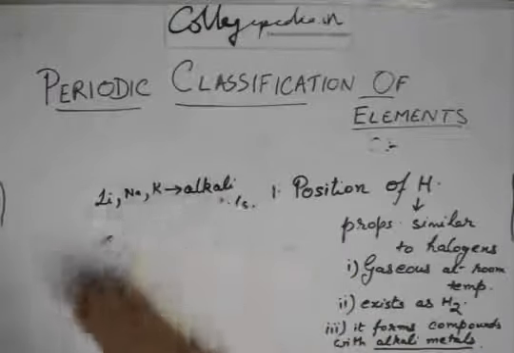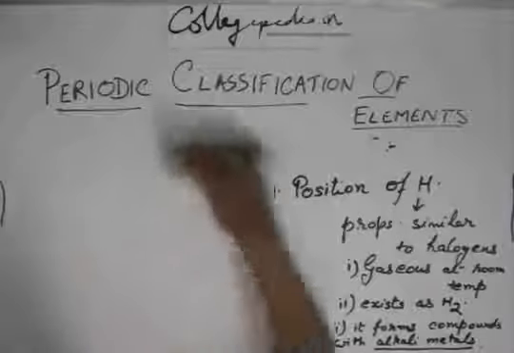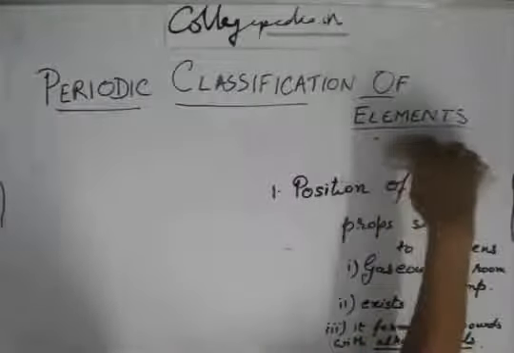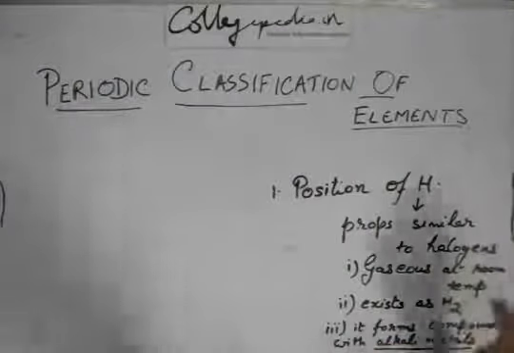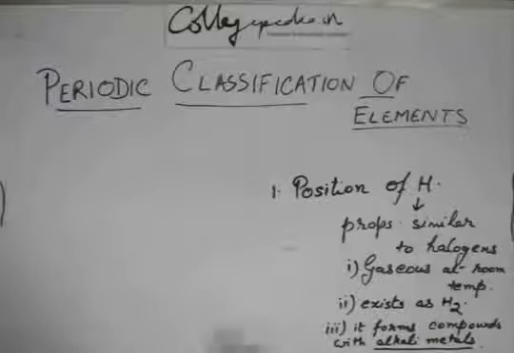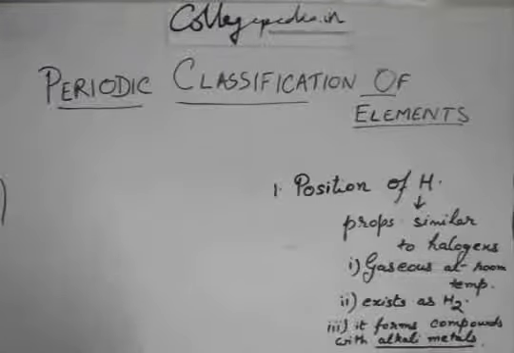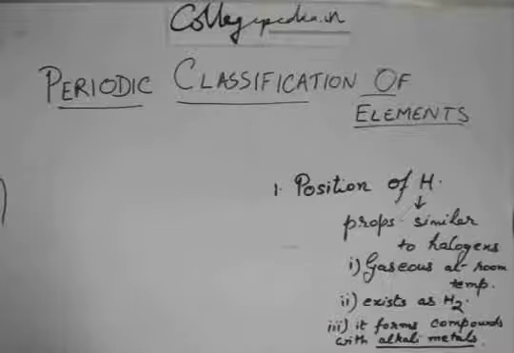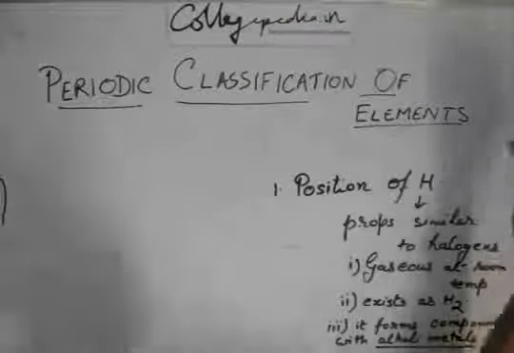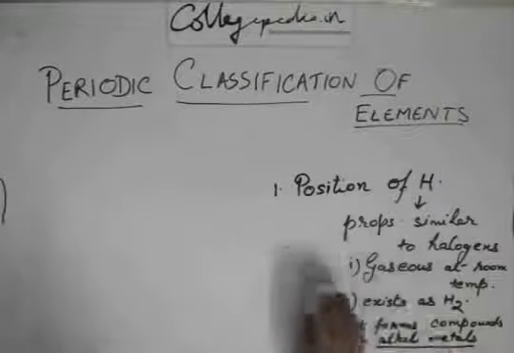If anyone asks you, I mean, it's not very probable, but you can get a question in which this word is mentioned, so you need to know what this group of metals is. So why is hydrogen similar to the halogens? Because it's gaseous at room temperature, it exists as a diatomic molecule H2, and it forms compounds with alkali metals, just like halogens.